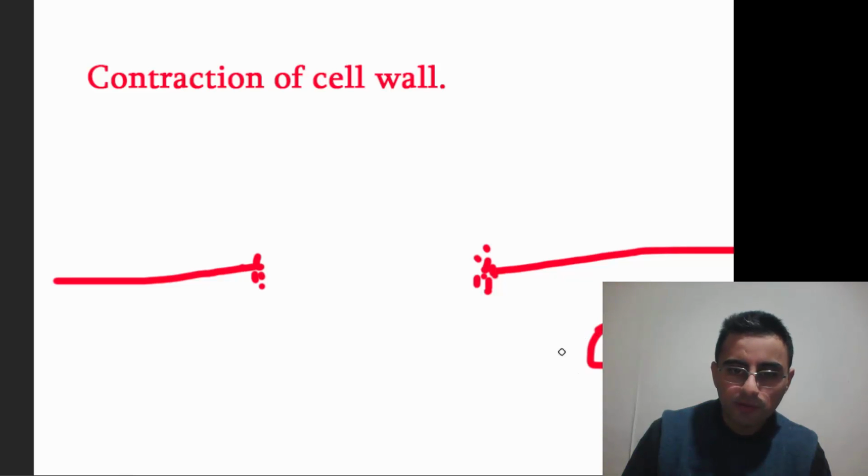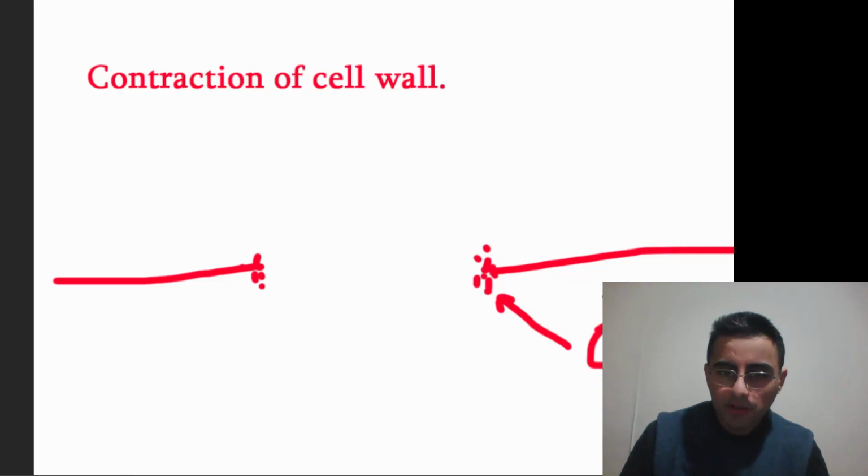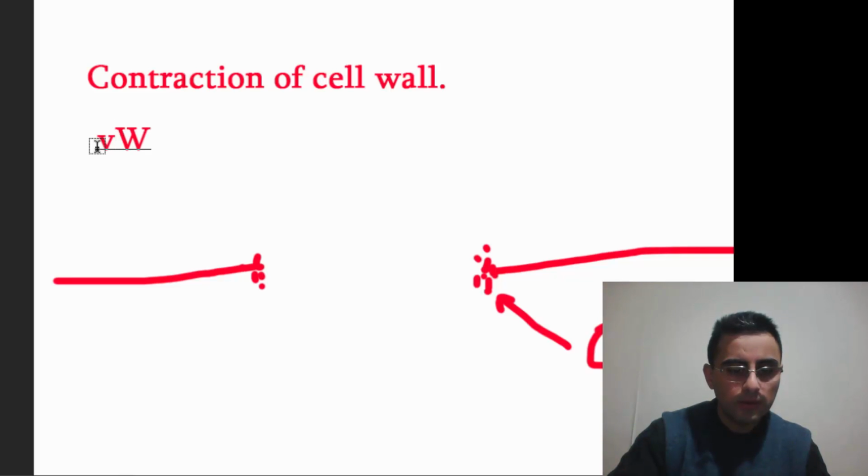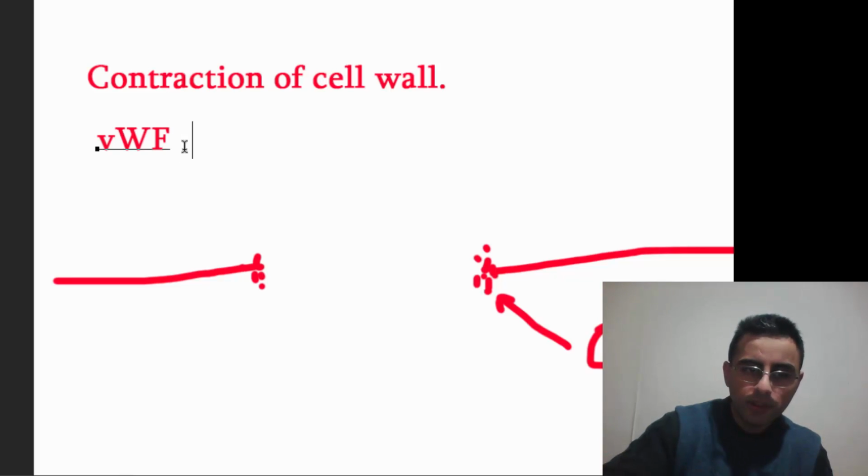A platelet cannot stick to this collagen by itself. It needs von Willebrand factor.